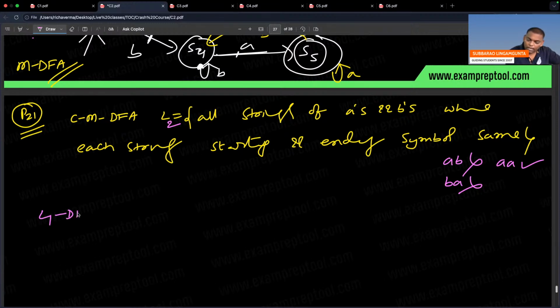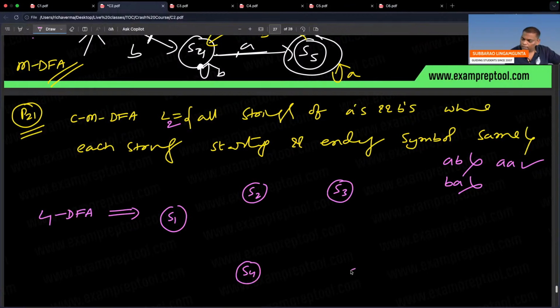L1 and L2 are complements of each other. Let me take states S1, S2, S3, S4, S5. Be careful, I have a DFA for L1.